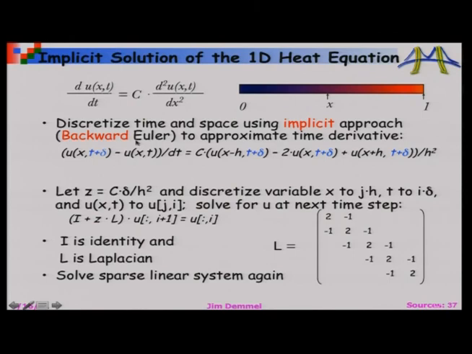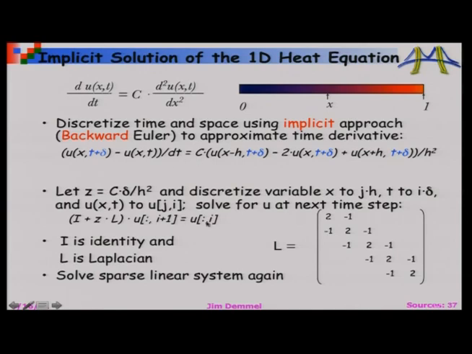I'm going to discretize both space and time. I'm only going to ask what's the temperature at a finite number of equally spaced points. And I'm only going to ask for the temperature at a bunch of equally spaced time steps. Time equals 0, delta, 2 delta, 3 delta. And so when I write that down, it turns out that if I know everything at time step t, and I want to go to t plus delta t, I have to solve a sparse system of linear equations. It's almost exactly the same as before.